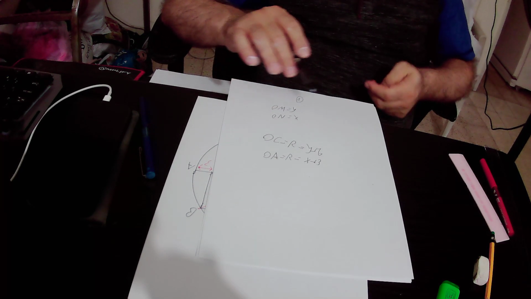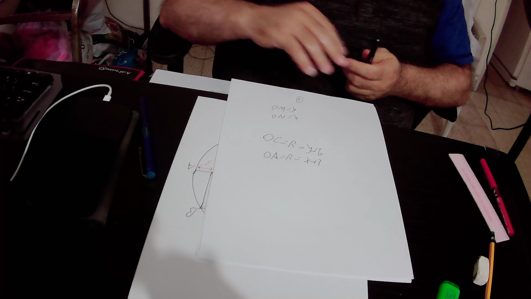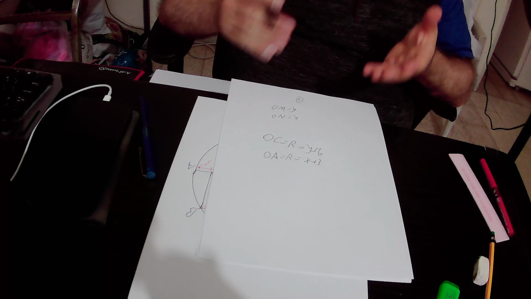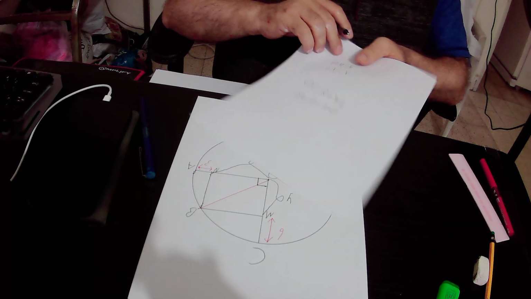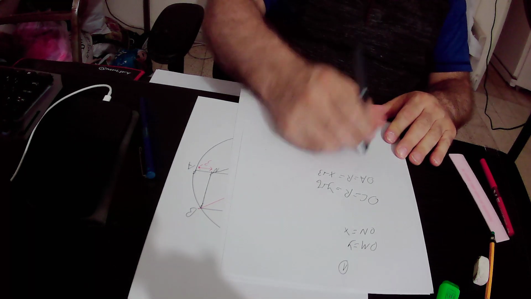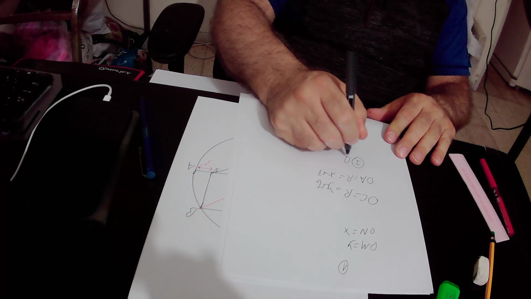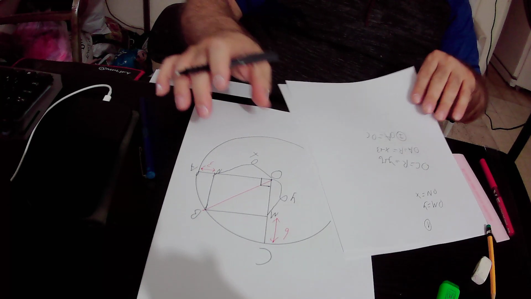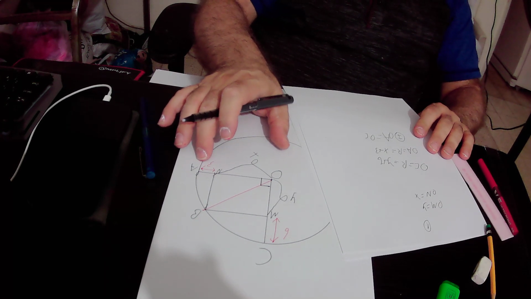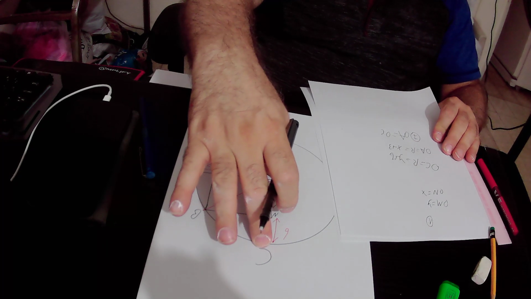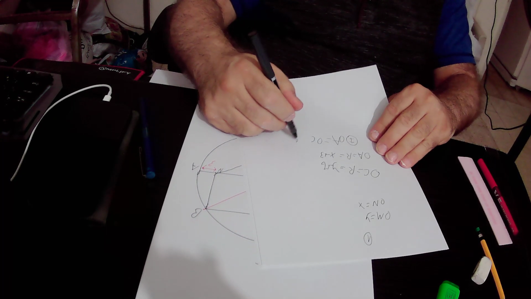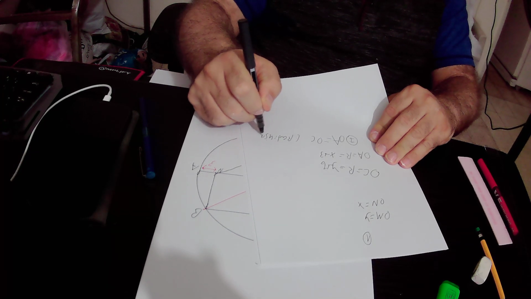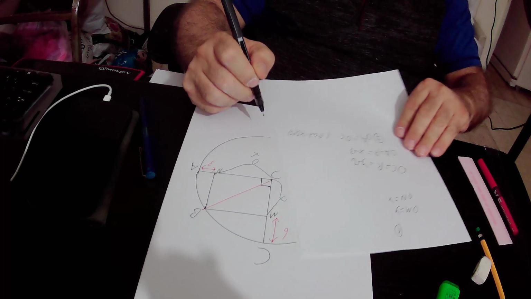So actually, OA and OC are equal to each other because both of them equal the radius of the circle. So we can write down our first equation that states that OA equals OC. OA, that is the radius of the circle, equals OC, that is also the radius of the circle. Both of them are radii of the circle, so they are equal to each other.